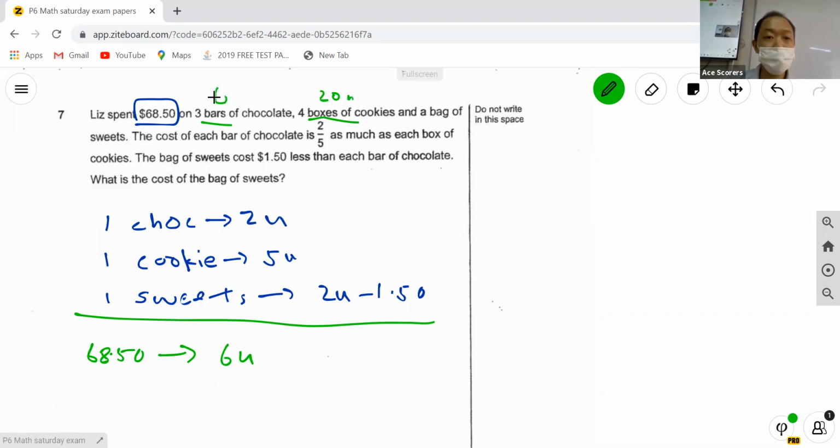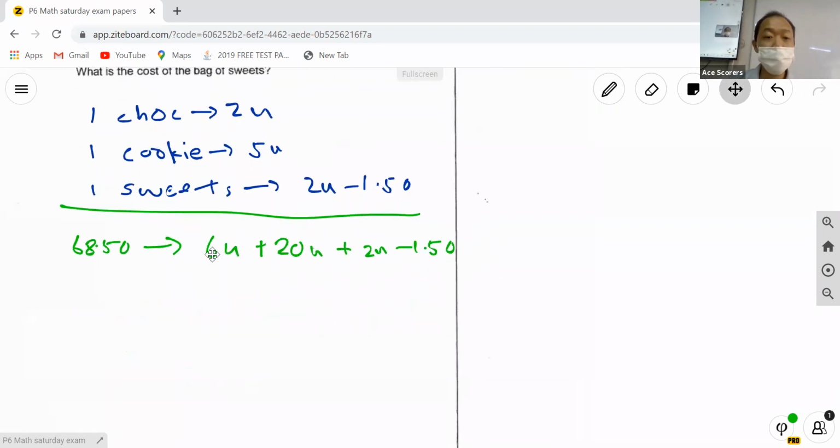So it's 6 units plus 20u, and a bag of sweets is 2u minus $1.50. With this we can consolidate all the units. So 28 units is equivalent to $70.